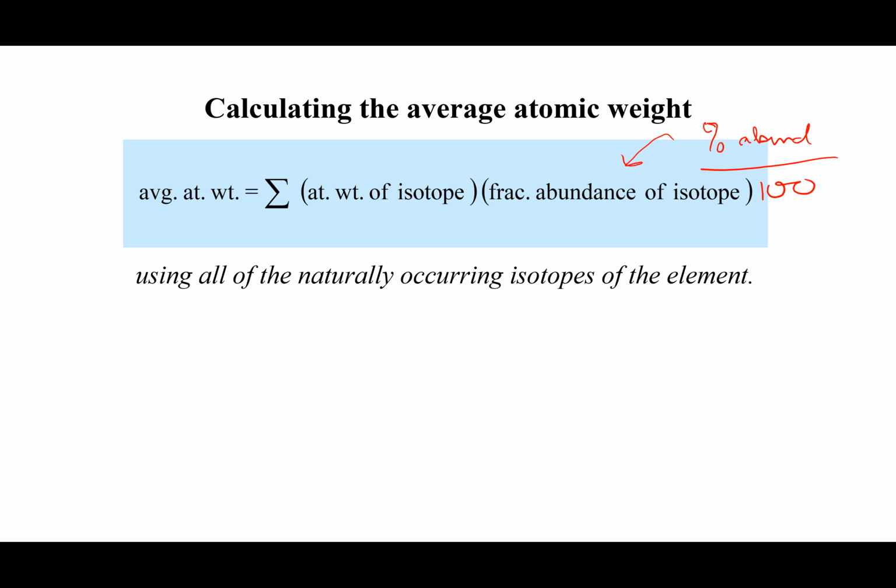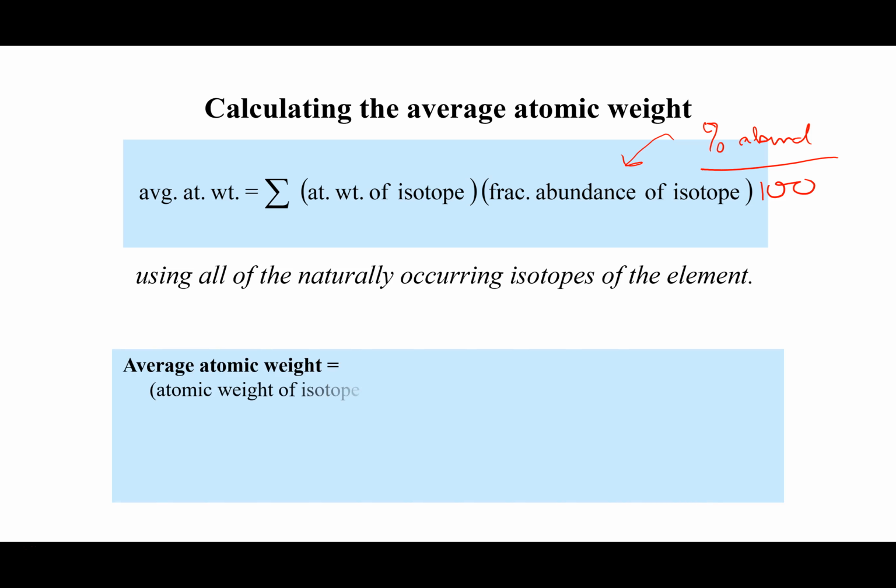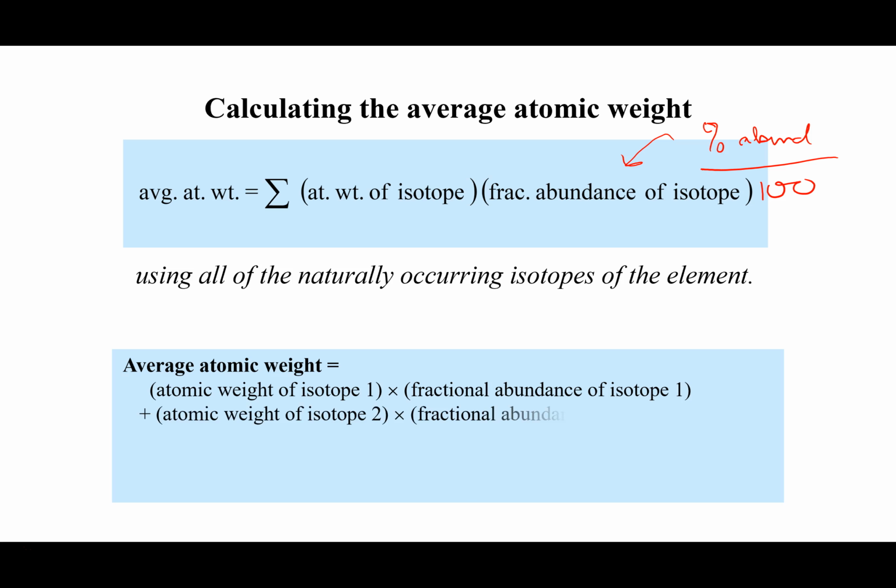So you guys used the summation the other day when you came up with your average standard deviation. So here's what it would look like. Okay, so let's say we had one isotopic form. Well, we'd stop like that. If we have two isotopic forms, it would look like this. For the second isotope of that element, we'd have to go out and see how much it weighs, and then we'd multiply by its fractional abundance.